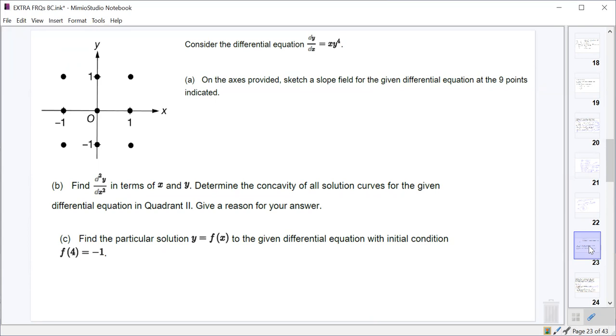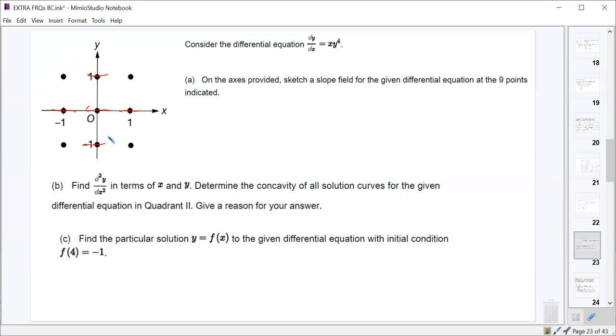So in our case here, this should be equal to 0 anytime x is 0 or anytime y is 0. So we should have 0, 0, 0, 0, 0. And normally having all the 0 slopes is worth a point on the test, and then all the other ones is worth another point.